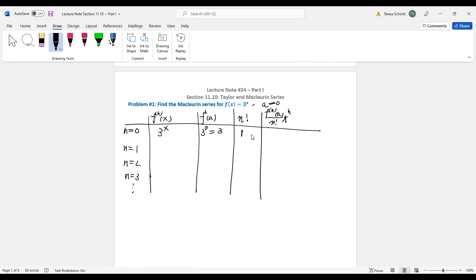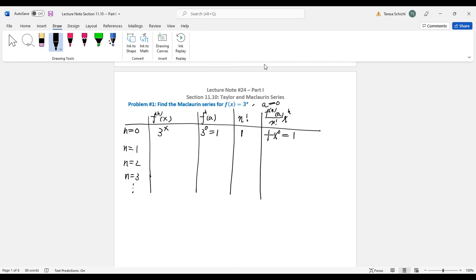So n is equal to 0. I'm sorry, 3^0 is equal to 1, right? So this will be 1 over 1 times x to the 0. 0 factorial is 1, right?